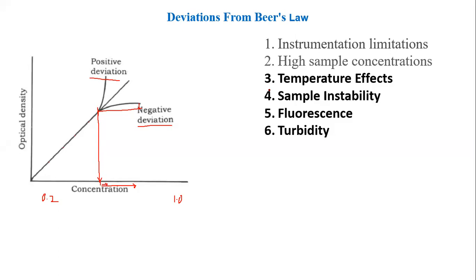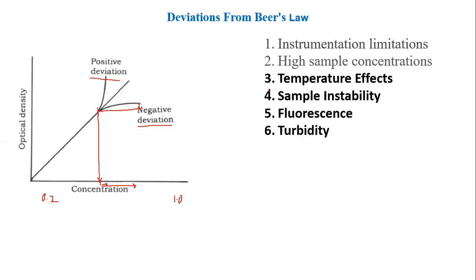Now there could be temperature effects as well, because with changing temperature the absorption behavior changes. Increasing temperature leads to vibration of the solvent molecules, and solvent molecules tend to strike faster. This is also true of the solute.